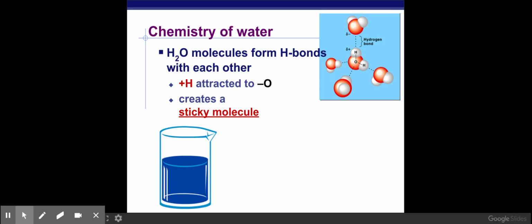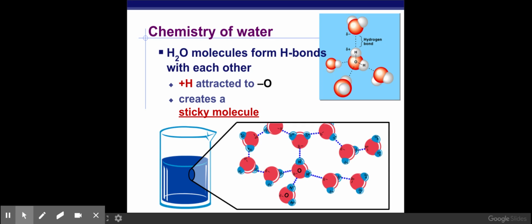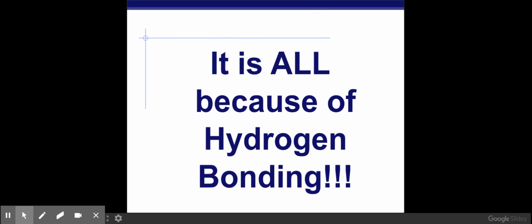They're kind of sticky. Your slightly positive hydrogen is attracted to that slightly negative oxygen. And so they kind of want to be near each other and they want to arrange in a certain way. Everything water can do, and it can do a lot of really cool things, is because it's polar and it forms hydrogen bonds. So if ever in doubt, the answer is probably hydrogen bonds because water is polar.